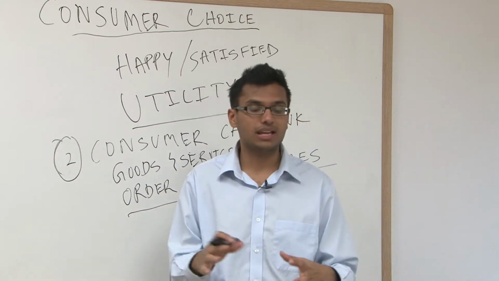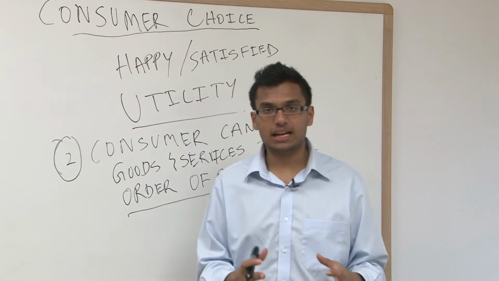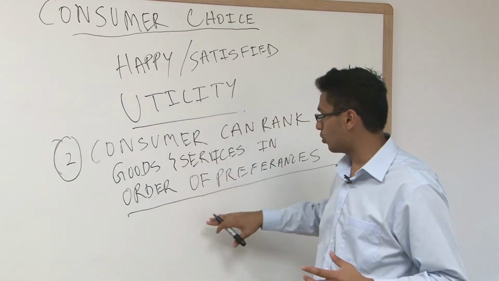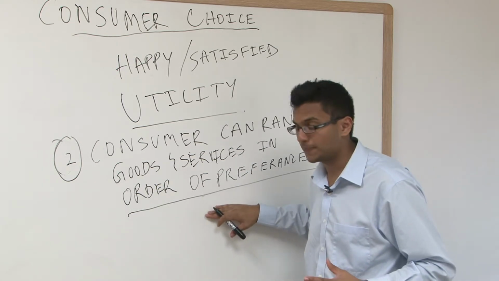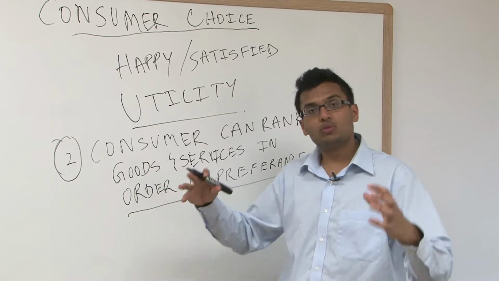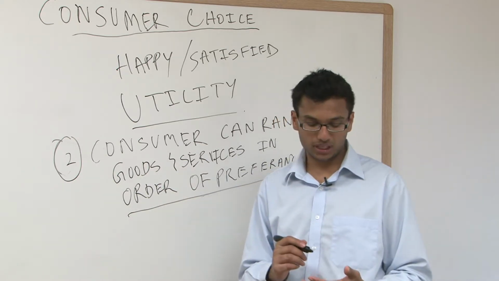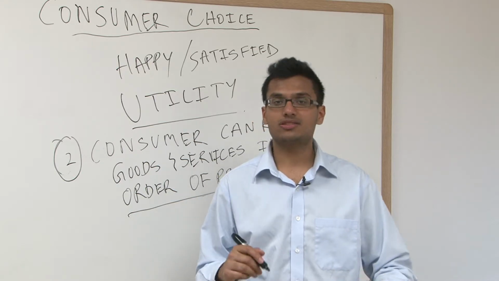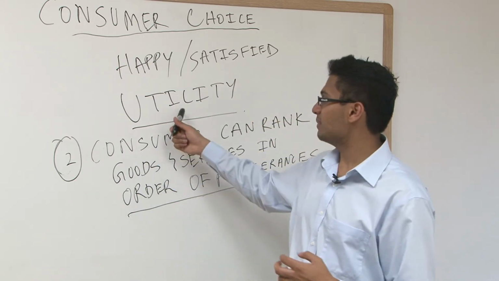I know this is kind of a skewed example, but my point is that as economists, we believe that consumers rank their order of preferences. Now, why is this important? The reason why it's so important is because we're going to tell you how much you probably are going to consume based on maximizing your utility.